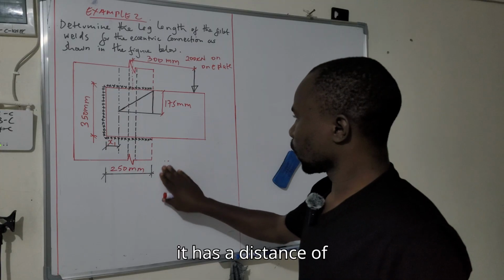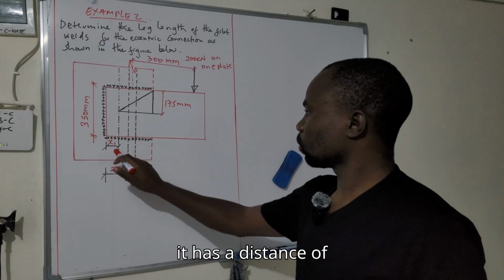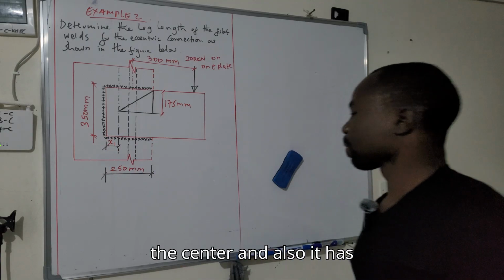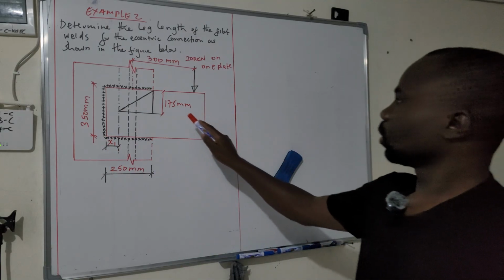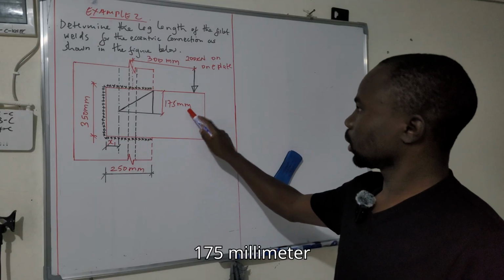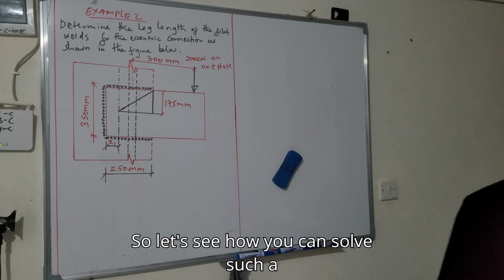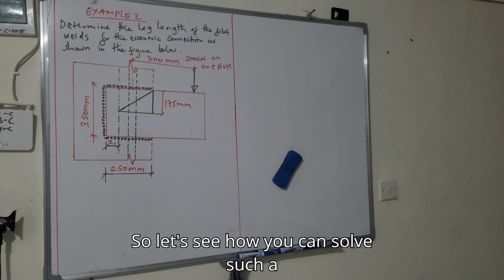It has a distance of x1 from here to the center, and also 175 millimeter from this point to this center. So let's see how we can solve such a question.